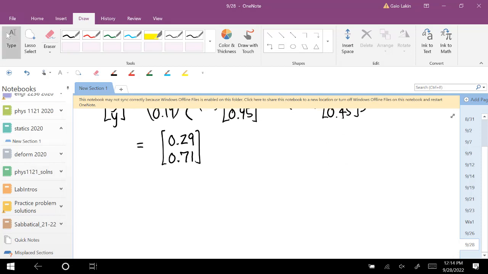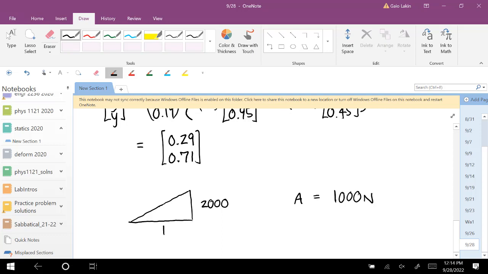So now that we have that, well, I guess before I draw the free body diagram, let me also figure out the centroid of that distributed load. So we have this triangle that has a height of 2,000 and a width of 1. And so the area of that triangle is 1 times 2,000 divided by 2, so 1,000 newtons.